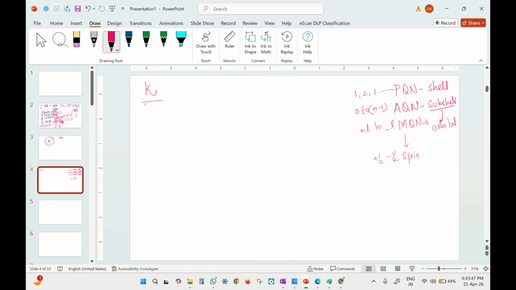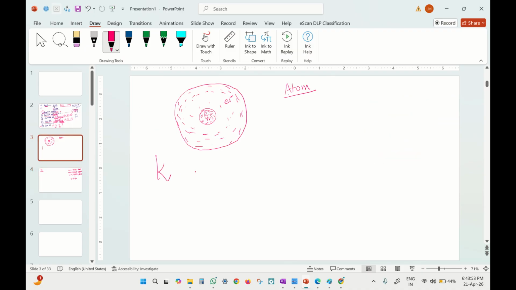Before that, tell me, how many electrons are possible in the K shell? Was there any formula to identify the number of electrons in each shell? 2, 8. Was there any formula for it?